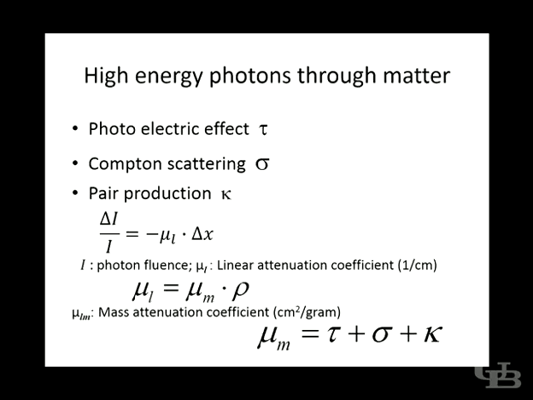formula. So if we have a beam of photons, consider it a flux or fluence, like a uniform fluence for a certain area. The absorption rate or fraction being absorbed by this uniform material is proportional to the thickness of the material.